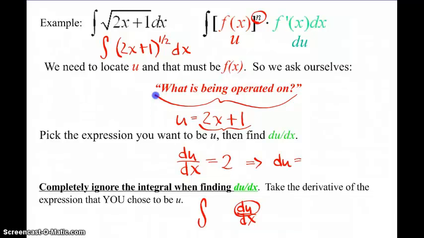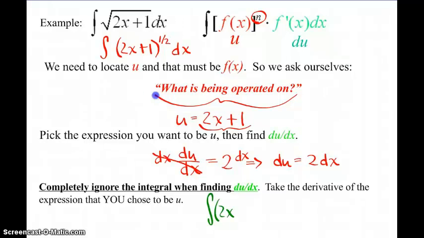I can do that algebraically by multiplying dx on both sides, and in the context of u-substitution, those are going to cancel. So du is going to be equivalent to 2 times dx. What I'm after is to completely rewrite the original integral, which was 2x plus 1 to the 1/2 dx, totally in terms of u and du.